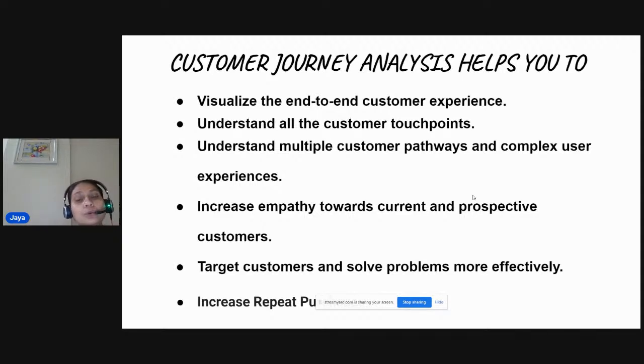If you resolve the query or request, the customer will be happy and come back again and again to make repeat purchases on your website. So this is how the customer journey comes around.